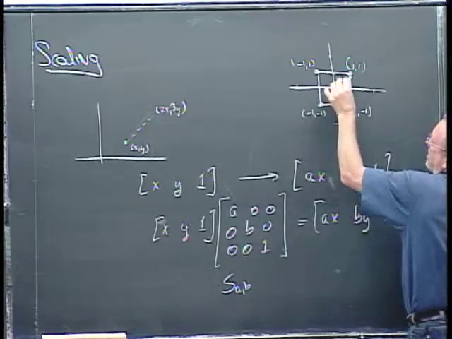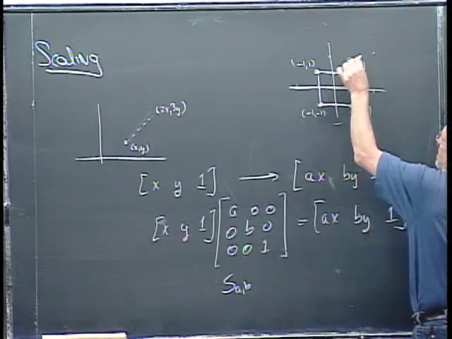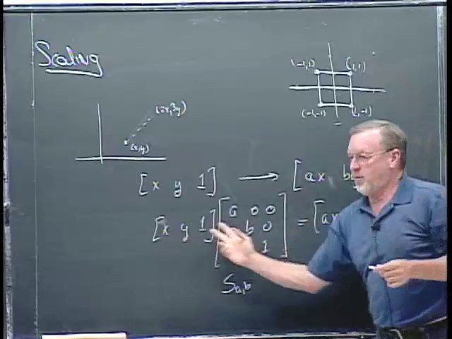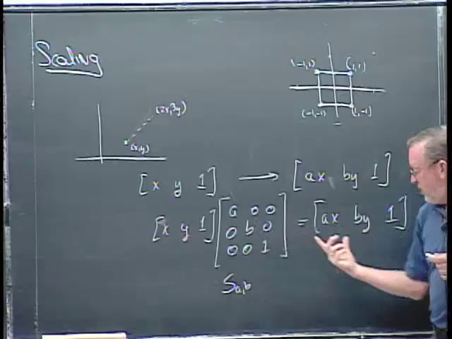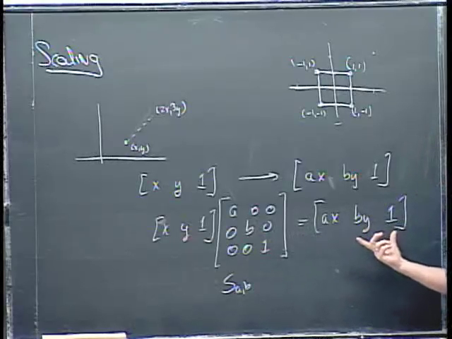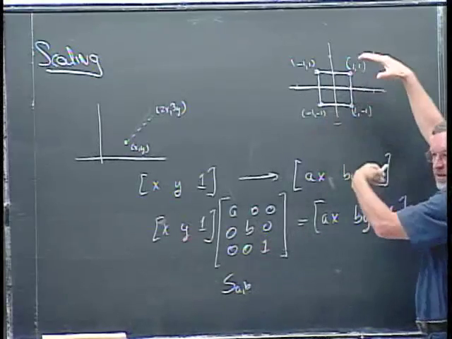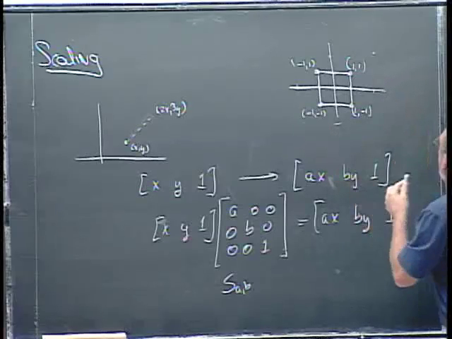Take the 4 corners of this and plug them in, run them through here with the 2's in here. So I scale it by 2, and I get something that's twice as big. And it works great.